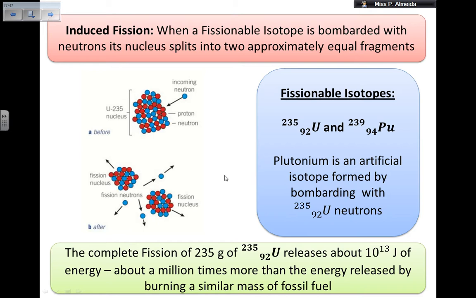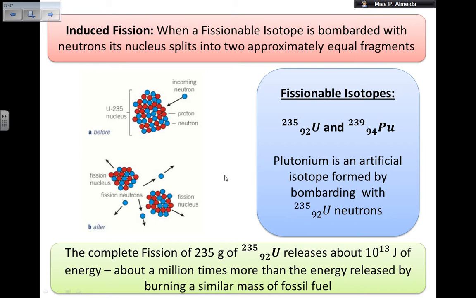Now, for you to have an idea of the amount of energy I'm talking about, the complete fission of only 235 grams of uranium-235 is going to release about 10 to the power of 13 joules of energy. So 1 and then 13 zeros joules of energy, that's a lot, okay?